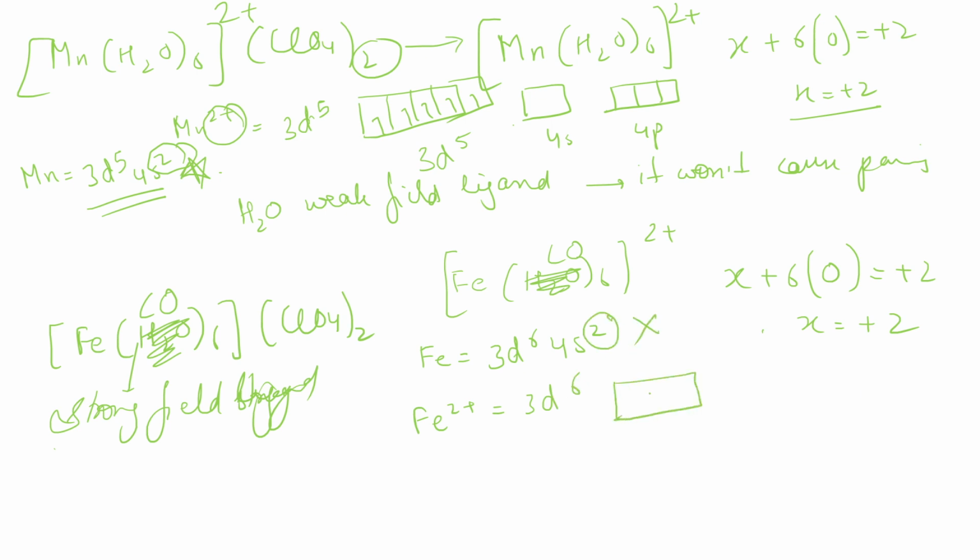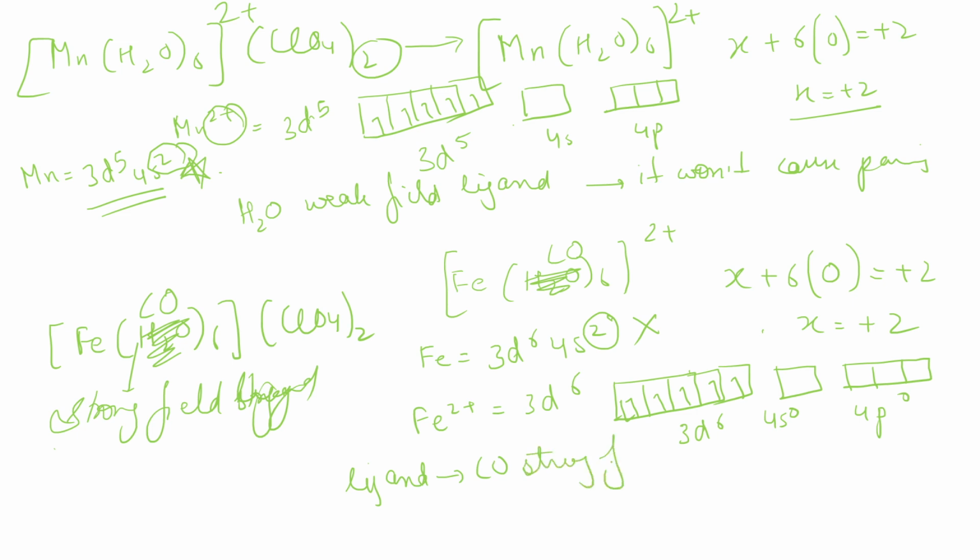So how will be the filling of electrons if no ligands are present? 1, 2, 3, 4, 5, 6. Okay, first you fill all the orbitals singly, and then you do the pairing. So it is 3d6 4s0 4p0. When ligands are provided like carbonyl, which is a strong field ligand, it will cause pairing.